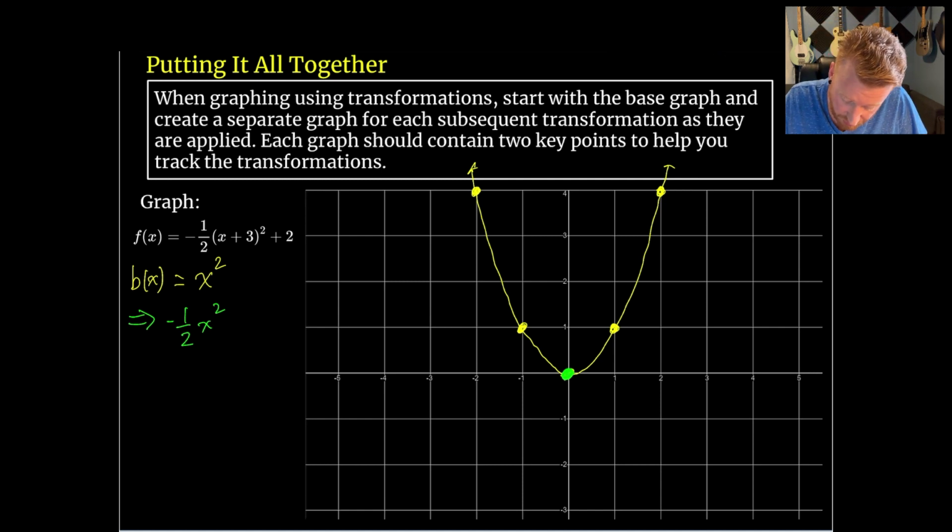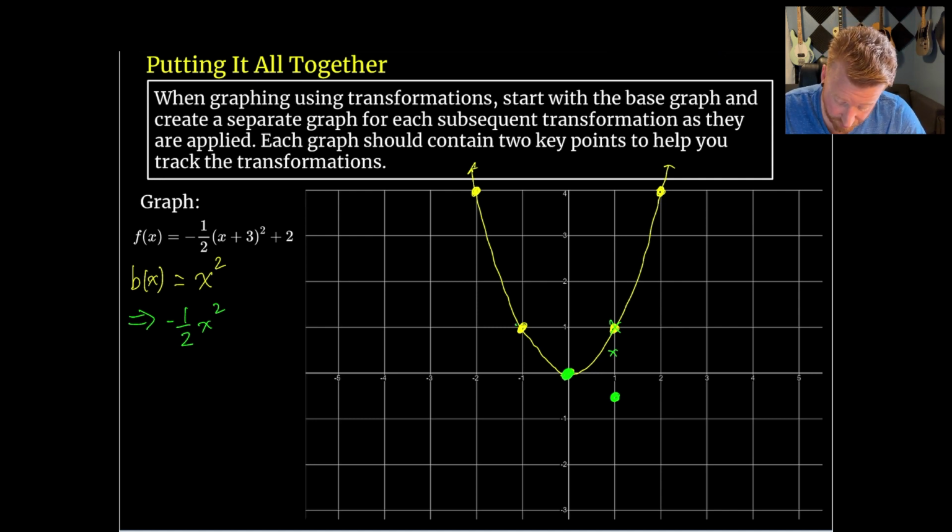So we're going to keep this point here. If I look at 1, what's going to happen to it? Well, it's going to get squished by a factor of 1/2, and then it's going to get flipped to the other side of the x-axis.